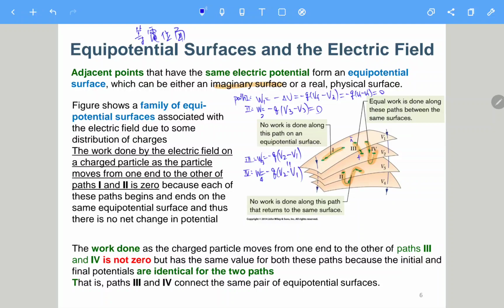They are not 0 and have the same value for both paths, because both the initial and final potentials are identical for the two paths. So this is an easy demonstration.